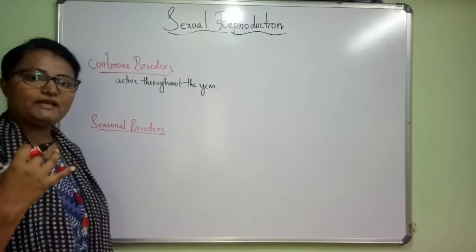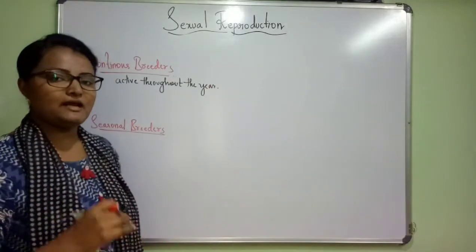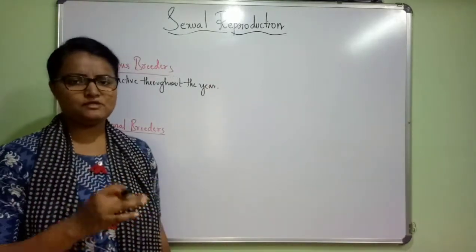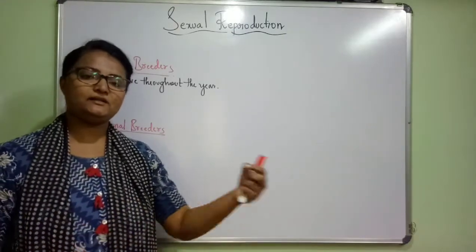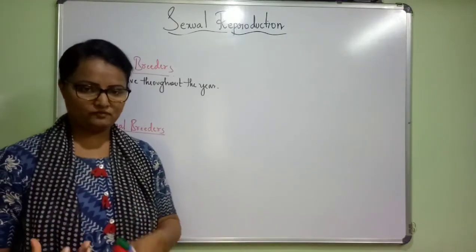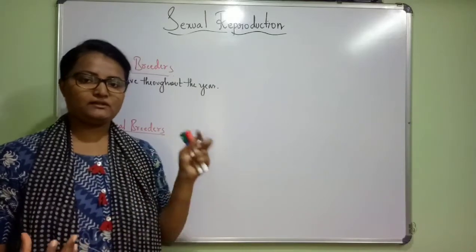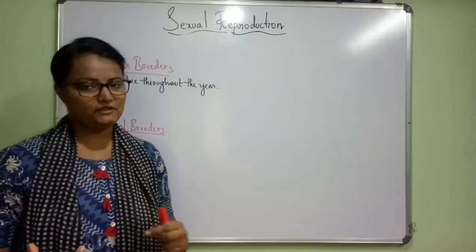They are reproductively active throughout the year and they breed throughout the year. Hence they are called continuous. There is continuity in the breeding process. They are not inactive. They are active throughout the year and they breed continuously.